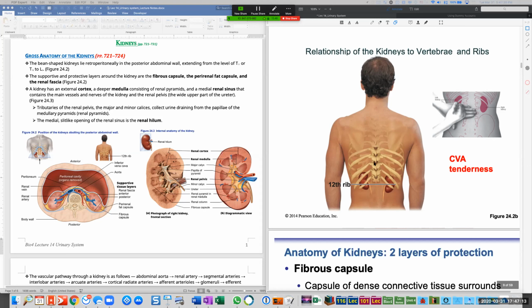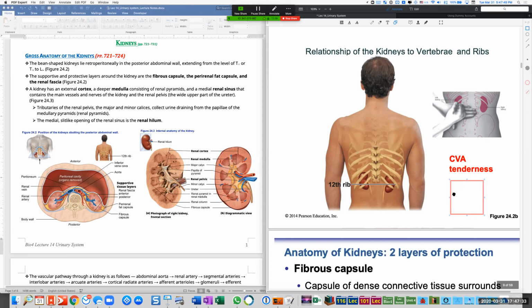In terms of their level relative to the vertebral column, they are near the inferior portion of your rib cage. Specifically, this region is called the costovertebral angle. I want to note it here. You can write it down in your notes.